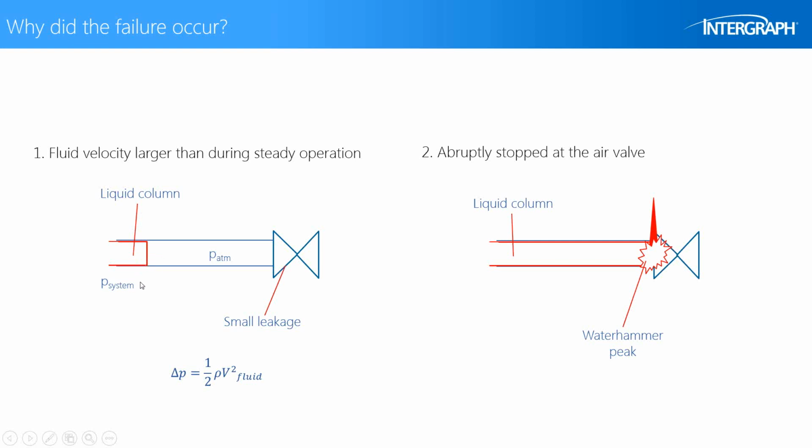So it's the difference between the pressure, the head supplied by the pump, and atmospheric ambient air. When the liquid column reaches the valve, because there's only a small cross-section area available for the air to bleed out of the system, the fluid column will be stopped. And in stopping, that leads to a large water hammer peak.